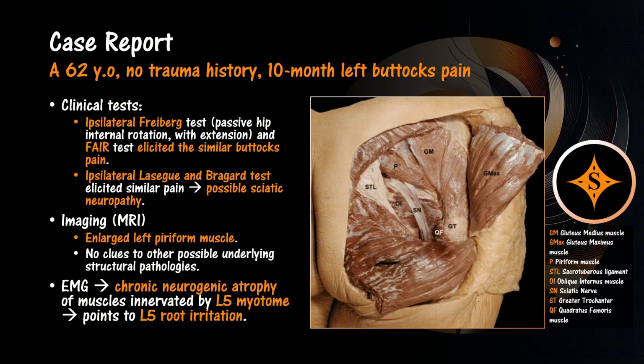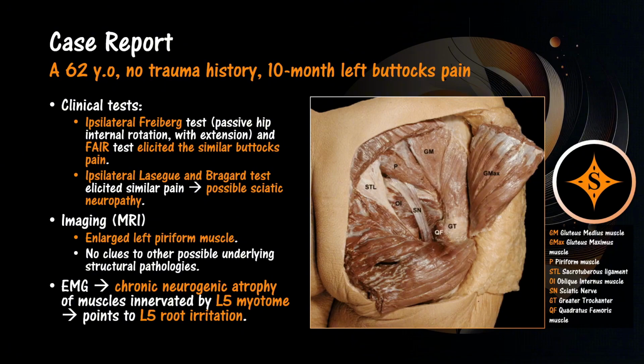Upon imaging with MRI, it also shows an enlarged left piriformis muscle. It does not have to show this, but it does. Meanwhile, there was no clue that points to other possible causes of this buttocks radiating pain, such as disc herniation, etc. It was not present.